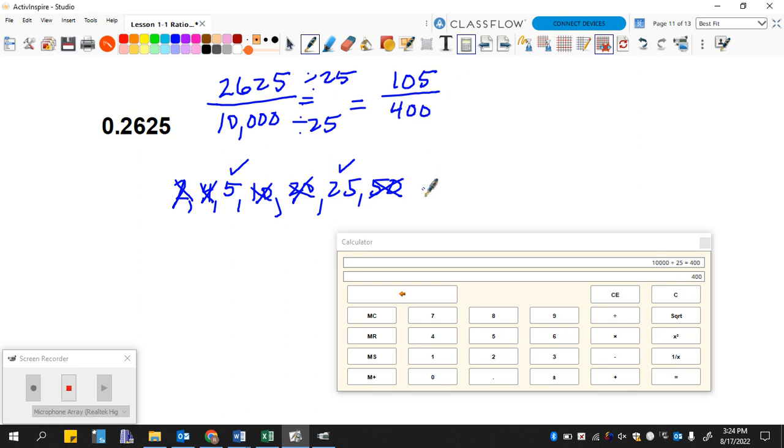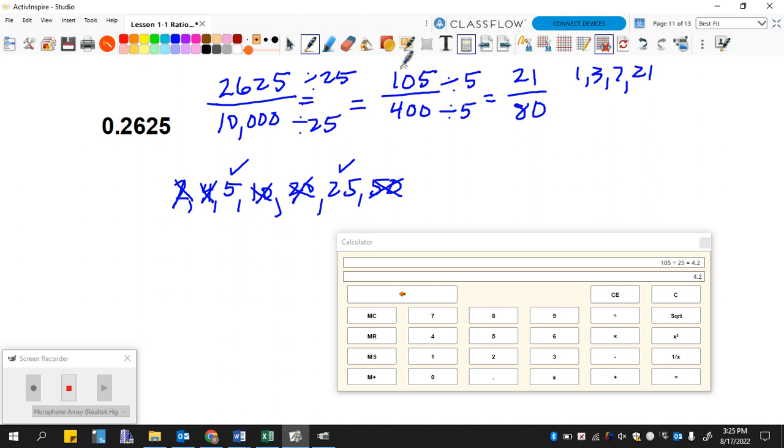Then when we go back through it again, we can see 105 divided by 25 does not go, that's 4.2. But 5 does. So divided by 5, divided by 5, and that would be 21 over 80. That's reduced down to lowest terms because the only factors of 21 are 1, 3, 7, and 21. None of those go into 80.